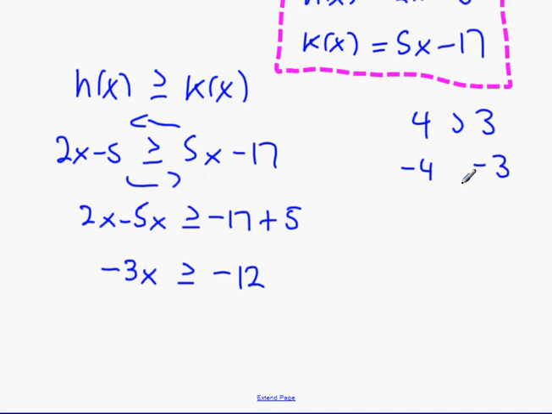Which number is bigger, minus 4 or minus 3? Minus 3 is the bigger number. Therefore, minus 4 is a smaller number than minus 3. See the way your sign switched around when you multiplied by minus 1? It's the same thing here. Multiply both sides by minus 1 and you get 3x is smaller than 12. Divide by 3 and you get x is smaller than 4.